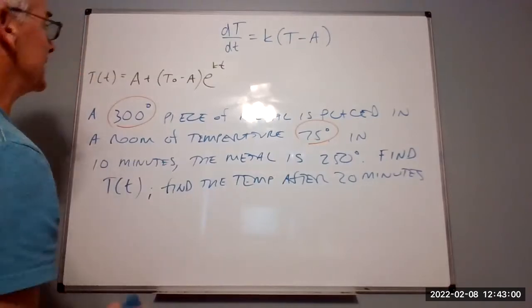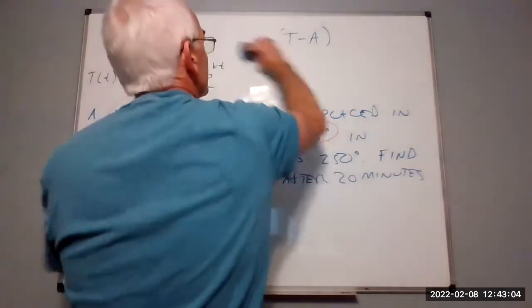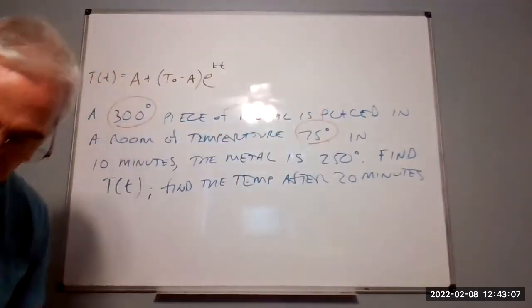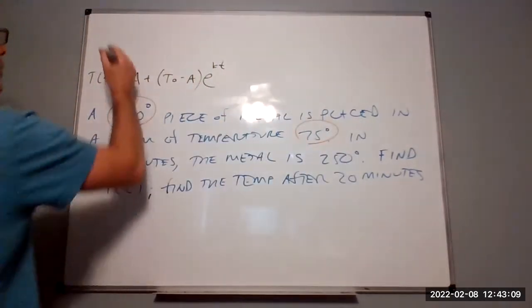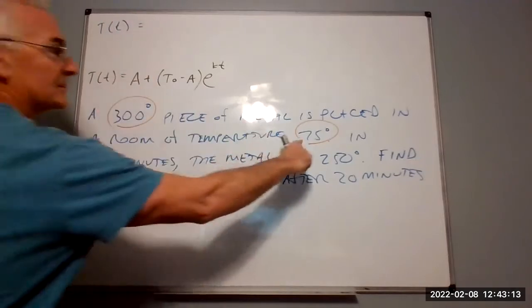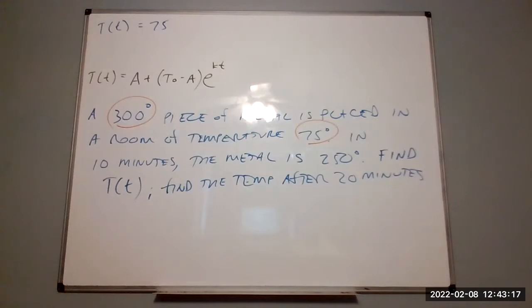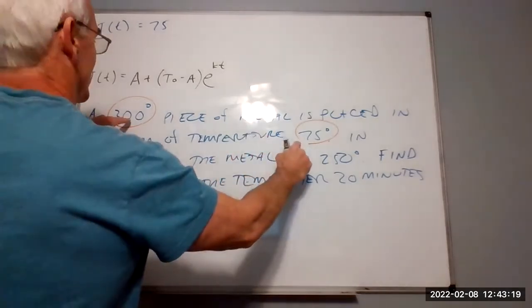So for this problem here, we can start here, okay? So let me erase this. So for the problem that we're doing, we know that T of t equals 75, and we'll use degrees, it's easier. What's T0 minus A?